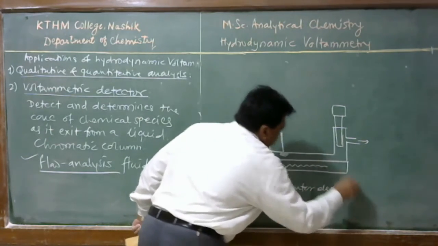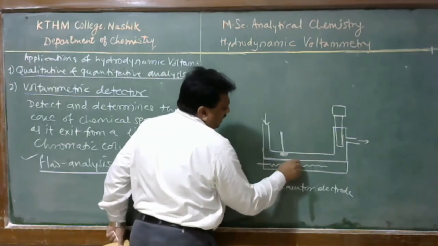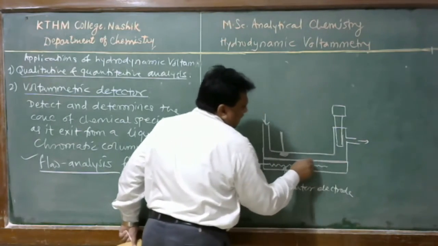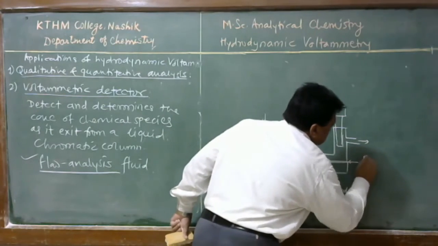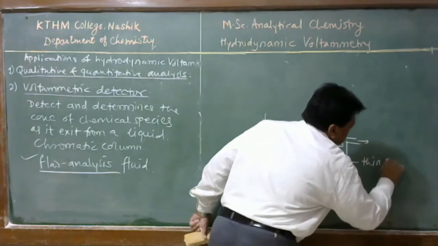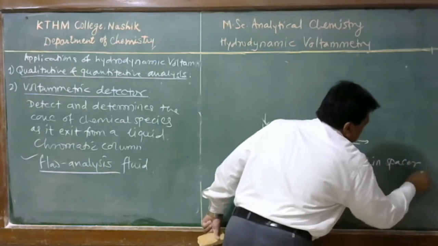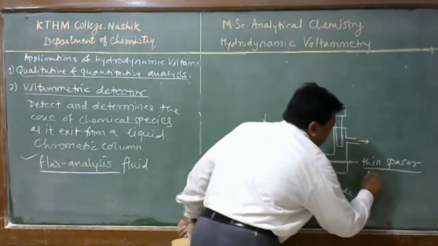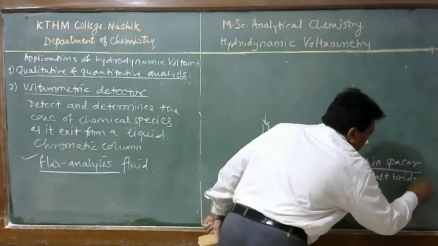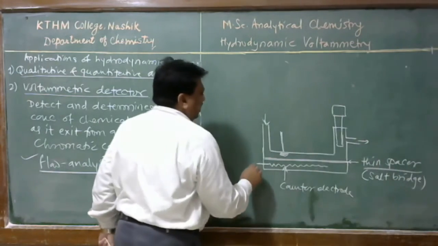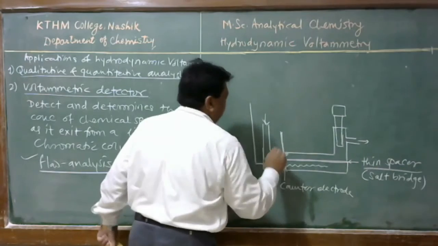And in between this working electrode and counter electrode there is a porous partition type material that is called a spacer, S-P-A-C-E-R. This works like a salt bridge. Therefore, an electrical contact is made between these.